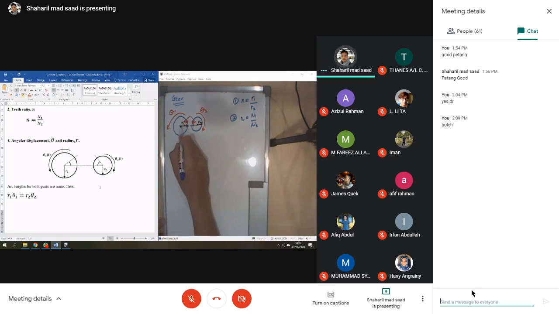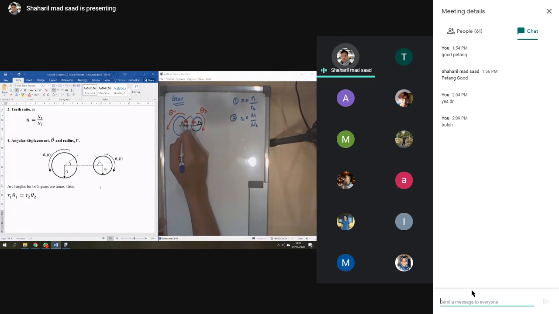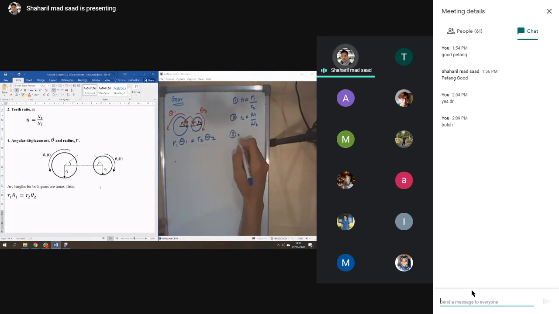So what is the relationship between radius and angular displacement? R1 theta 1 is equal to R2 theta 2. This is the third equation that you will have: R1 theta 1 equals R2 theta 2.